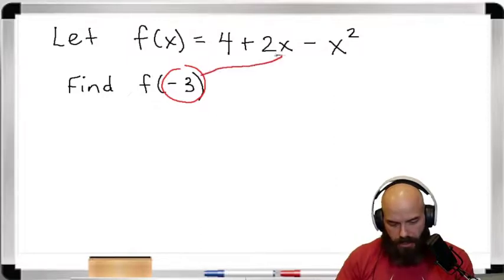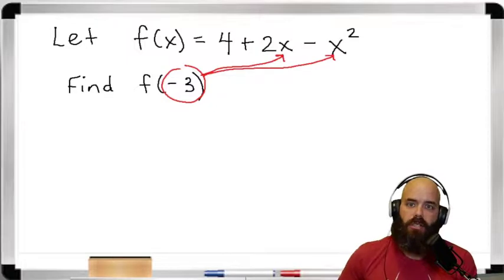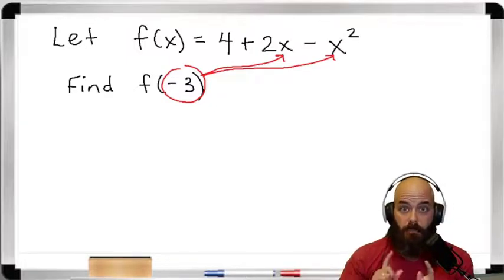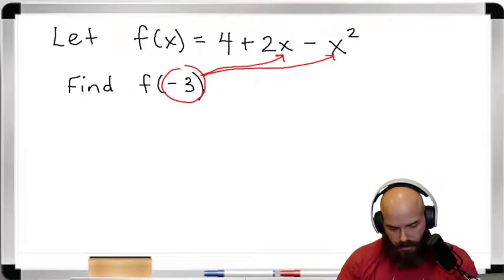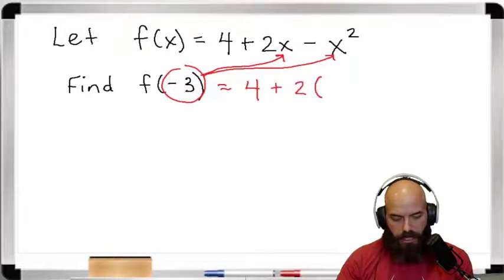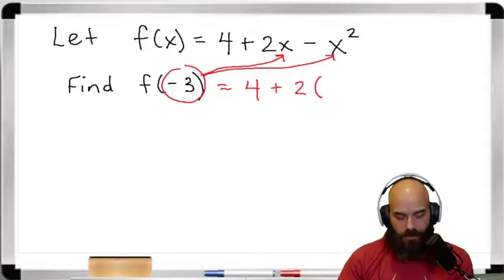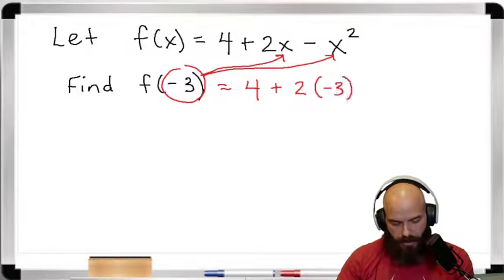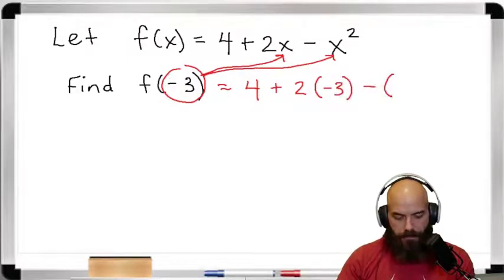So there's an x here, and there's an x there. So I want to make sure I plug in negative 3 into both of those x's. When you do that, you'll have 4 plus 2. In parentheses, we're going to plug in negative 3 for that x. And then in parentheses again, we're going to plug in negative 3 for that x as well.